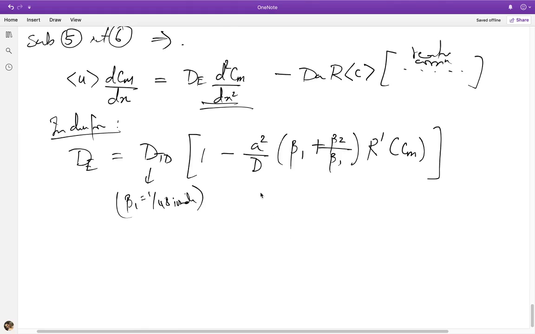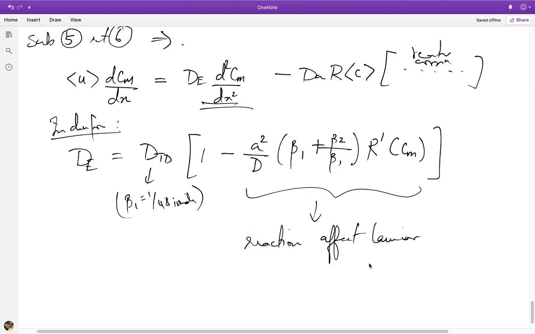Okay, so the main point I want to make here is that this term indicates that the reaction affects laminar dispersion. And we can calculate what that effect is exactly by using this averaging procedure. So this is a deep physical insight and an important one.